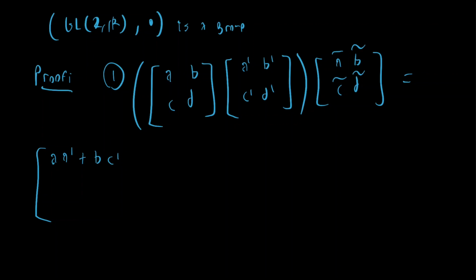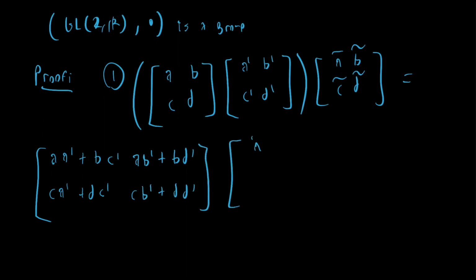Then here we will have A times B prime plus B times D prime. Now we move to the second row. We'll have C times A prime plus D times C prime, and then C times B prime plus D times D prime, and then times A tilde, B tilde, C tilde, D tilde.